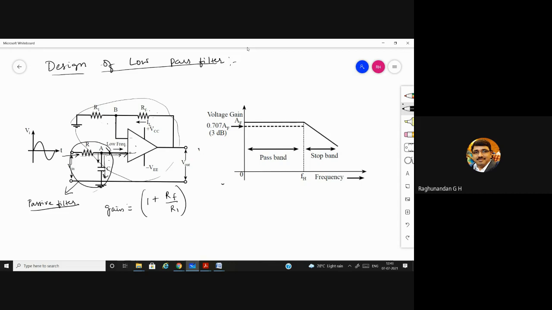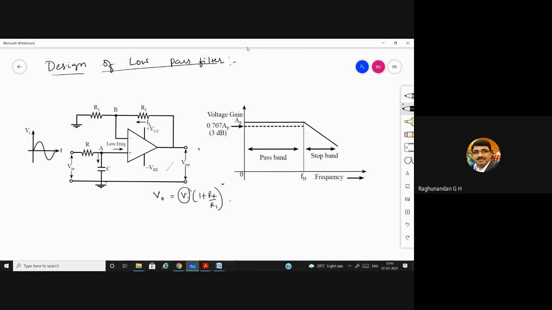So here, as we have already discussed the non-inverting op amp derivation, the main equation is as usual, V0 is equal to Vi into 1 plus Rf by R1.